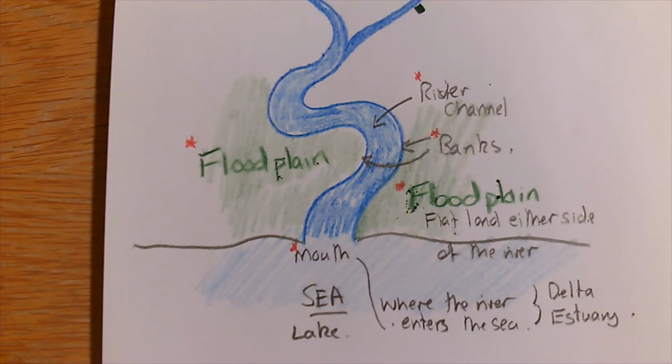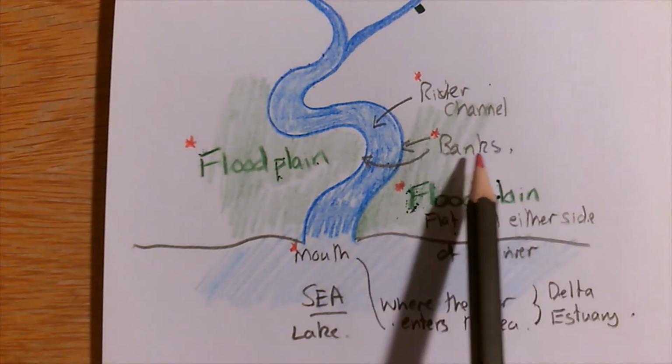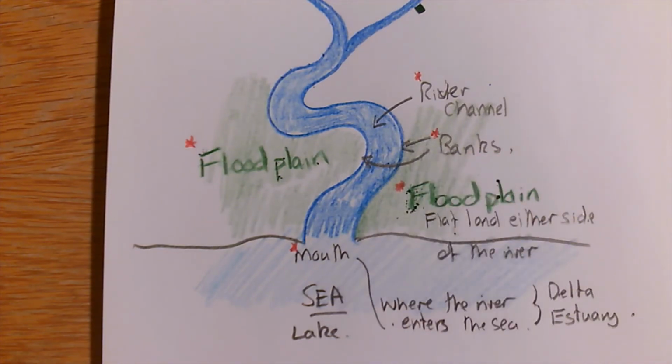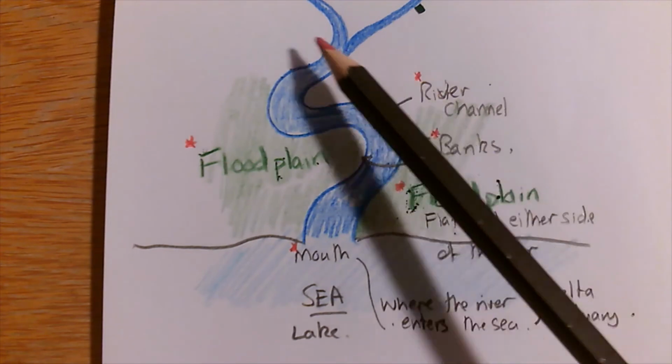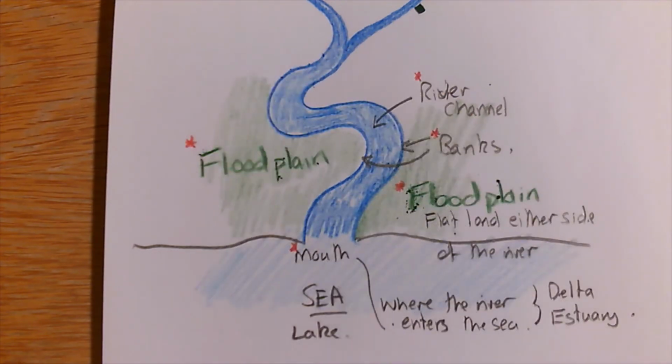Indeed, it is the river banks. Well done. And then, how would you describe the land around the end of the river near the sea? Would you describe it as being flat, hilly, or steep land? Yes, indeed, it is very flat usually.